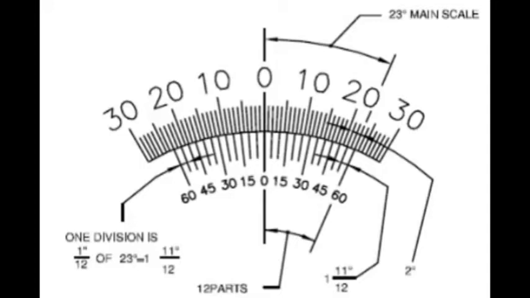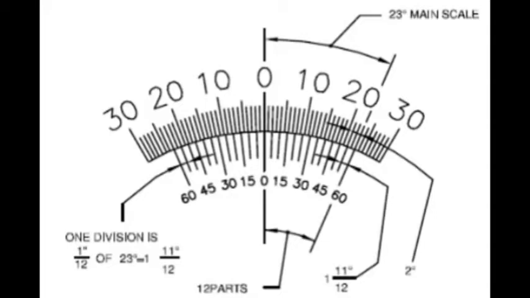Since 2 divisions on the main scale equal 2 degrees of arc, the difference between 2 divisions on the main scale and 1 division on the vernier scale is 2 degrees minus 1 11/12 degrees, which equals 1/12 degree, or 5 minutes of arc.